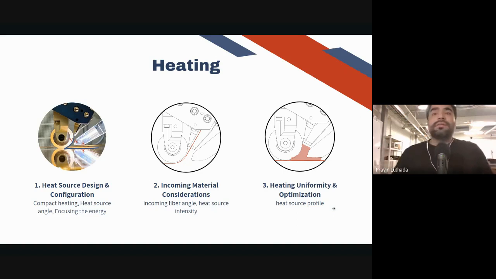There is always a compromise, but this is putting all of this together. So starting with knowing what material we have, what substrate temperature we have, and then choosing a heating system and changing the parameters is what gets you to the temperature of the material that you would have at the end, that is at the nip point.